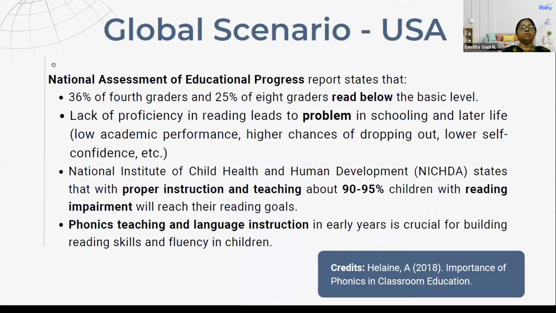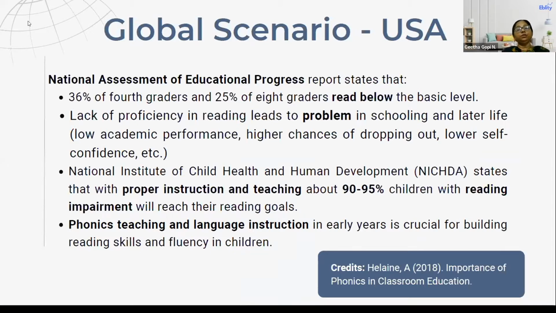If you look at the global scenario, a very high percentage of children who lack proficiency in reading or drop out of school, become school dropouts because of low academic performance, usually attribute their dropout causes to low reading levels or low reading abilities.